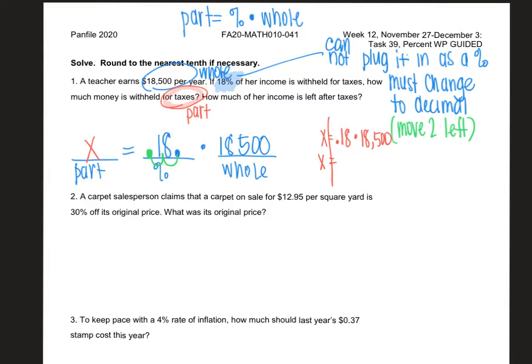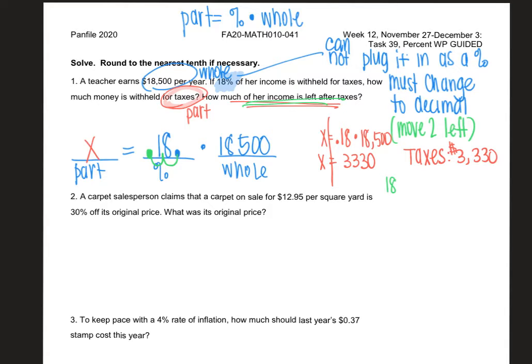So we're going to plug that in, 0.18 times 18,500, and we get 3,330. So that represents our taxes. So our taxes will be $3,330.